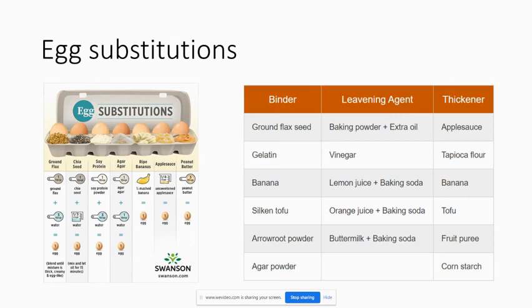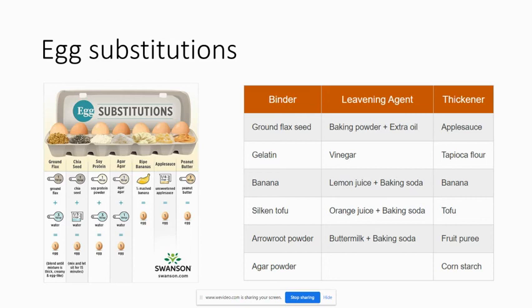And then depending on the function of the egg in a particular recipe, some of those substitutions are better than others. So when I am substituting eggs in baked goods or something where I need the egg to help bind or create a structure, I usually use ground flaxseed mixed with water, which creates a sort of gel.